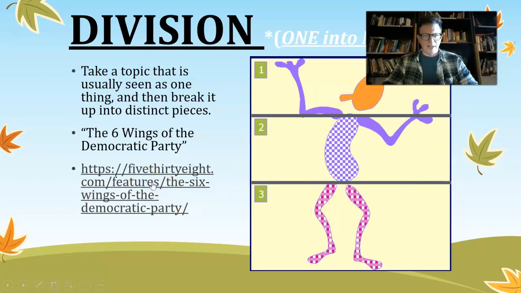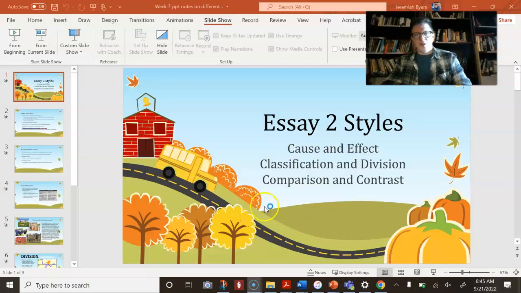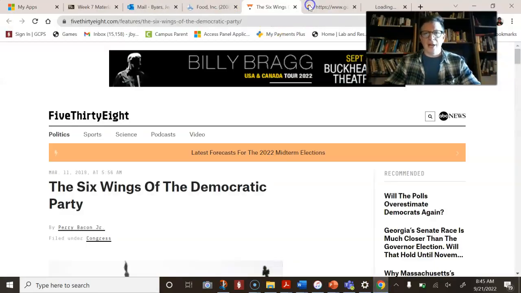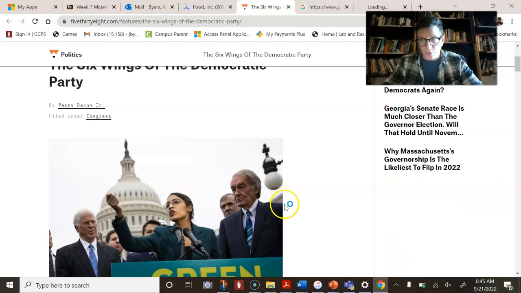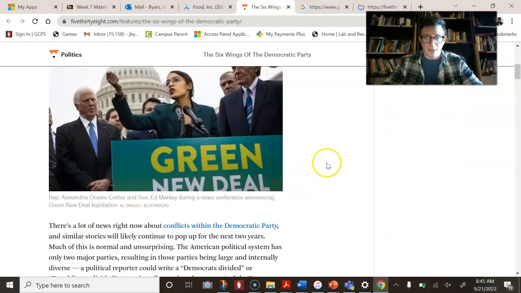So we're gonna go to this website right here, 38.com, and this is gonna talk about how there's this idea of like the Democratic Party. Oh, you're a Democrat. Wow, okay, go to hell. But really, though, there's all these different wings of the Democratic Party, and the same thing is true for the Republican Party. There's different wings of the Republican Party.